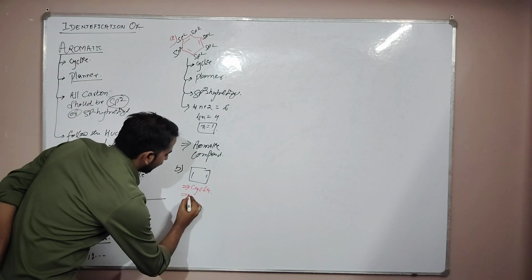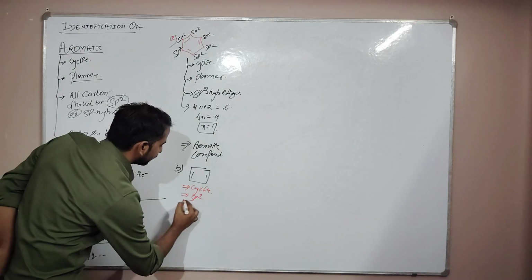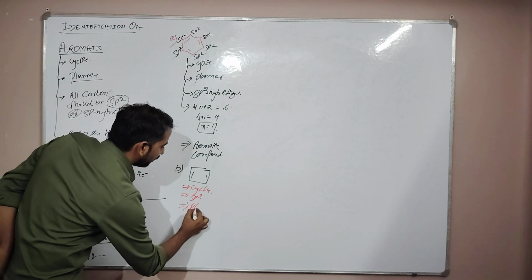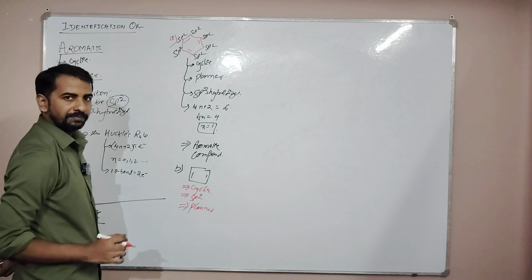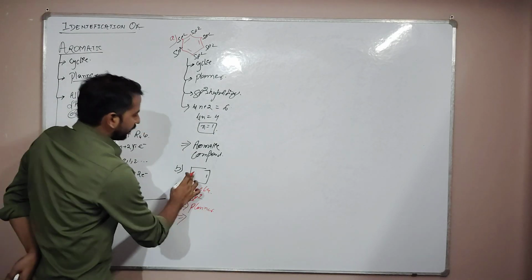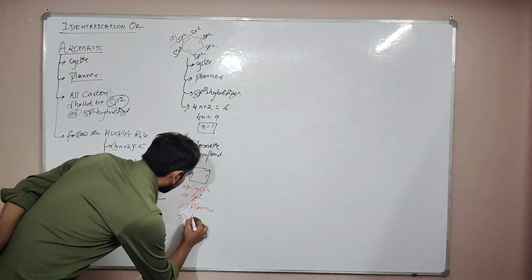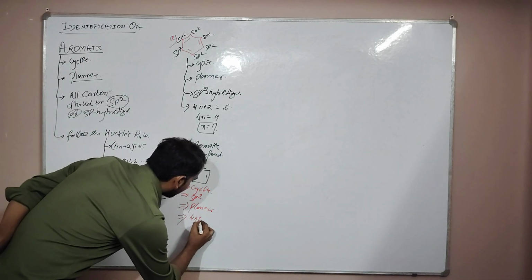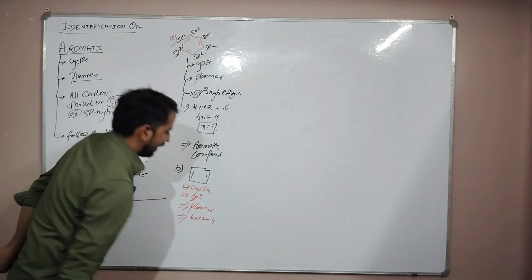All carbons are sp2 hybridized, so the compound is planar. And last, for 4n plus 2, if you see, it has 4 pi electrons.